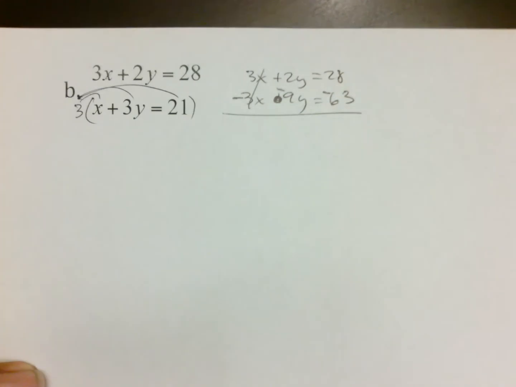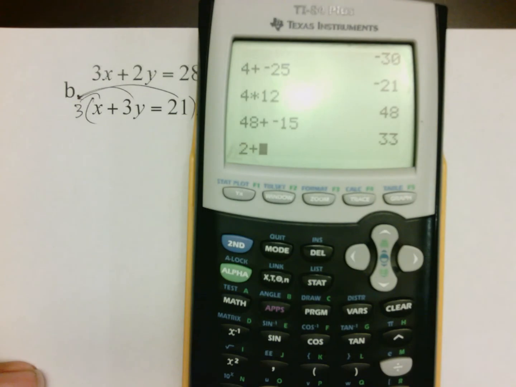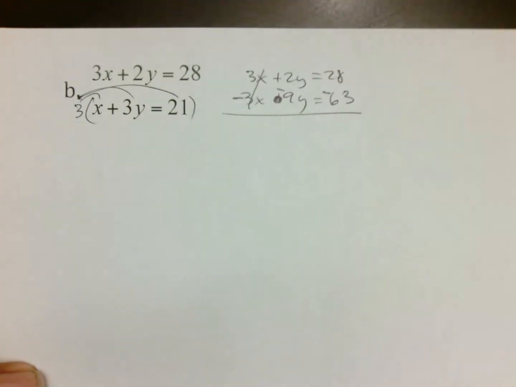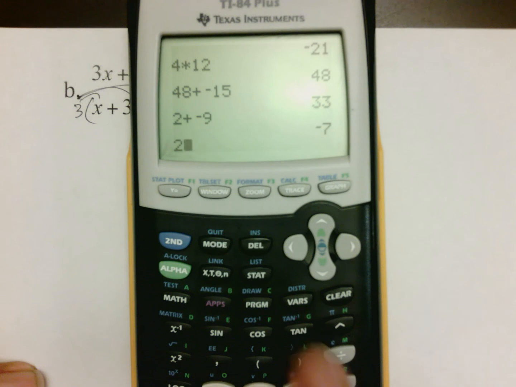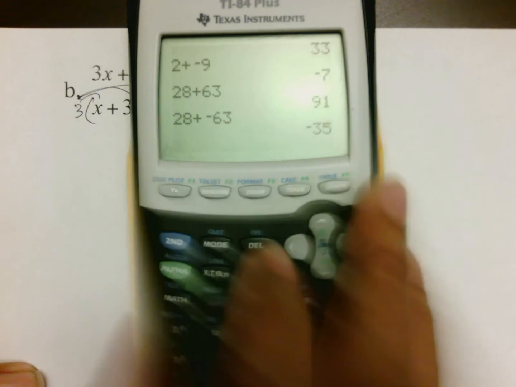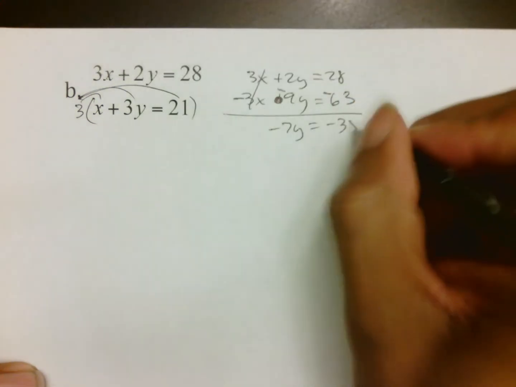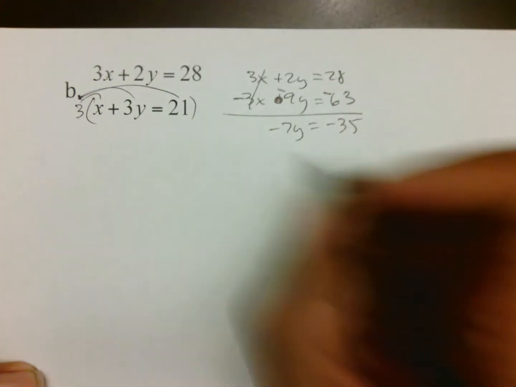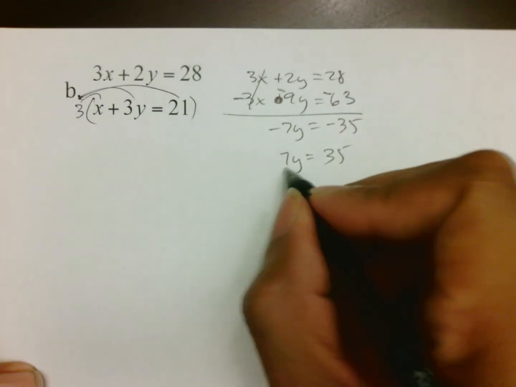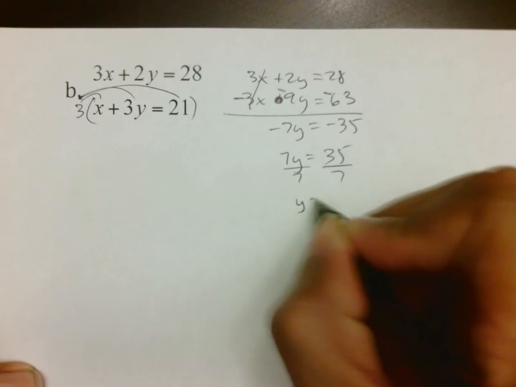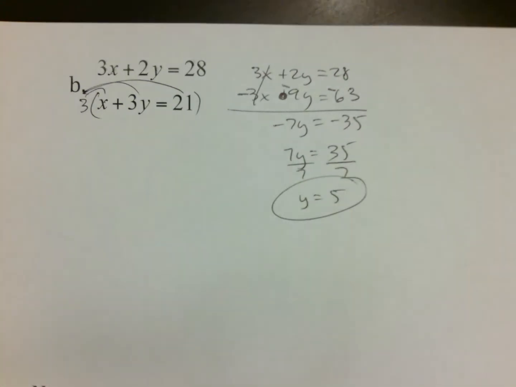Notice your 3x's cancel because they're opposites. 2y minus 9y, or 2y plus negative 9y, is negative 7y. 28 and negative 63 gives me negative 35. And again, whenever I have a negative variable, I just switch both sides and solve from there. Again, your brain is probably already telling you what y is, but after you divide by 7, you find out that y is equal to 5.